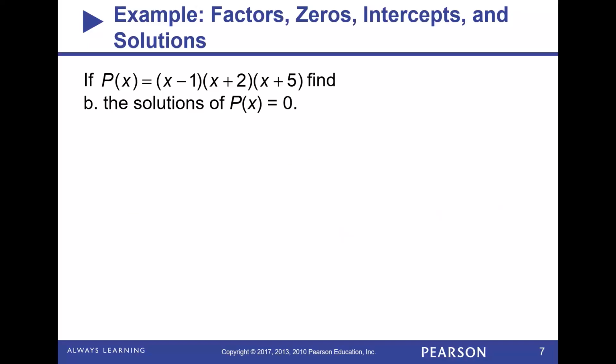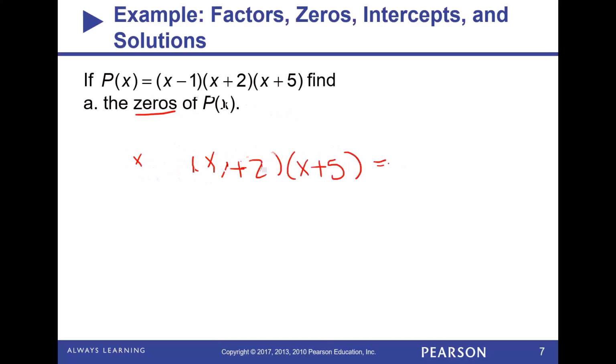Now, if I change the words up a little bit and say, using the same polynomial, the quantity of x minus 1 times the quantity of x plus 2 times the quantity of x plus 5, find the solutions of where the polynomial equals 0. Notice instead of saying the zeros of the polynomial, I say the solutions to where the polynomial equals 0. This is the same process, but the words are slightly different.